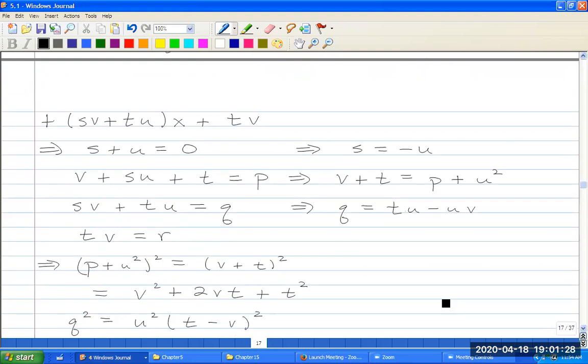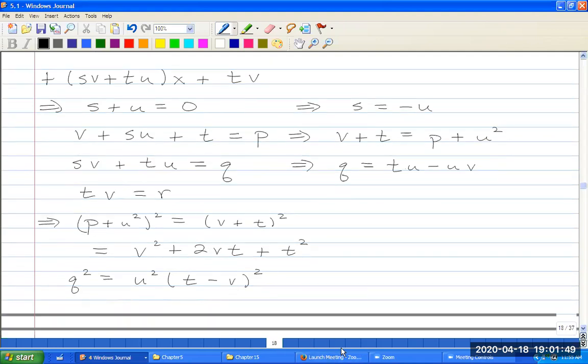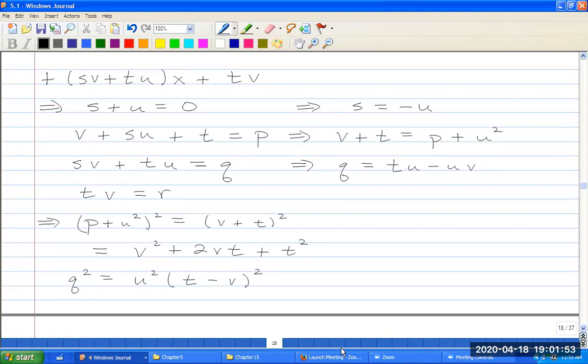Okay, so square both sides of this. So I get that p plus u squared, squared, is v plus t squared. So let's use the special product formula. So that's v squared plus 2vt plus t squared. Let's square this.